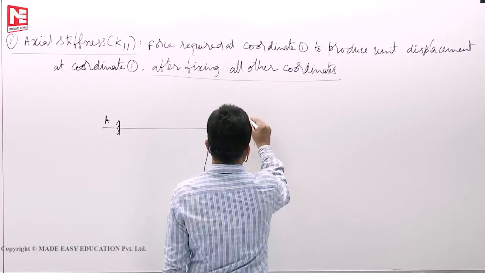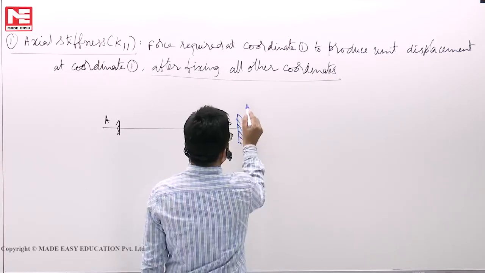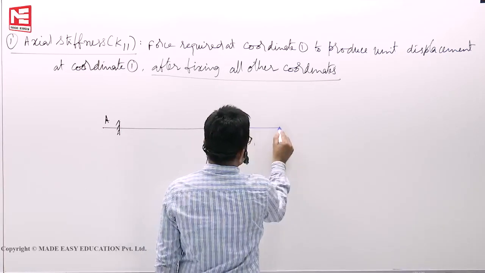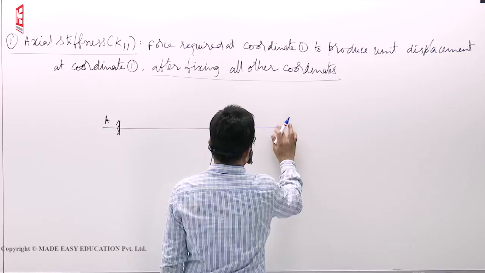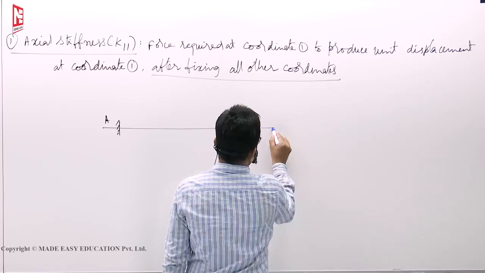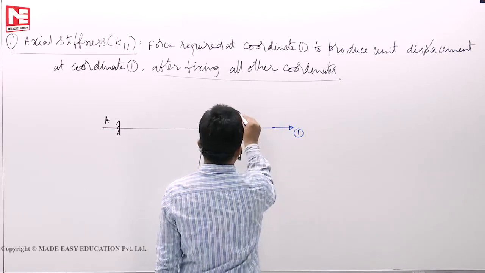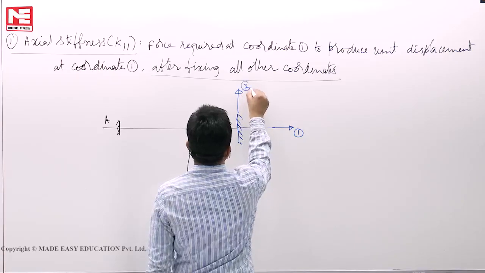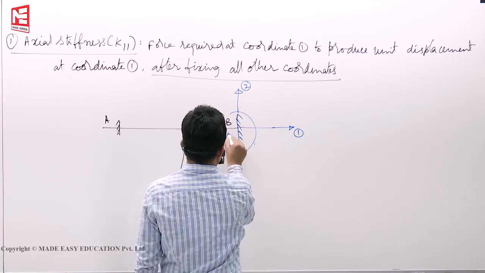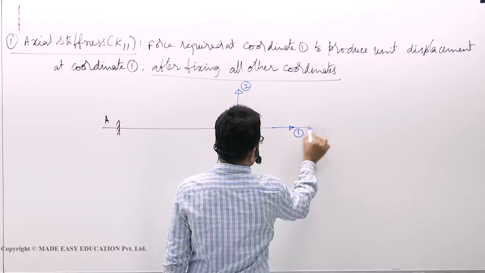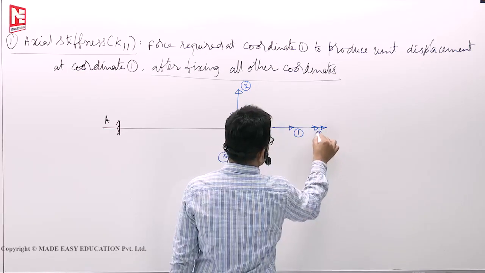Now I think I have given you this point. This is your coordinate 1. This is coordinate 2, coordinate 3 and coordinate 4, right?